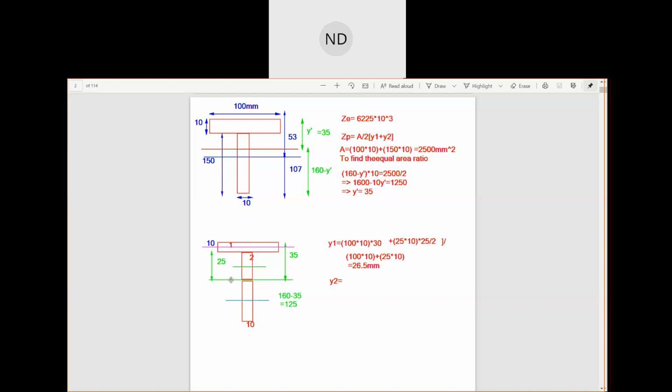That means the distance from this equal area axis to the CG of this particular member is how much? 125 divided by 2.